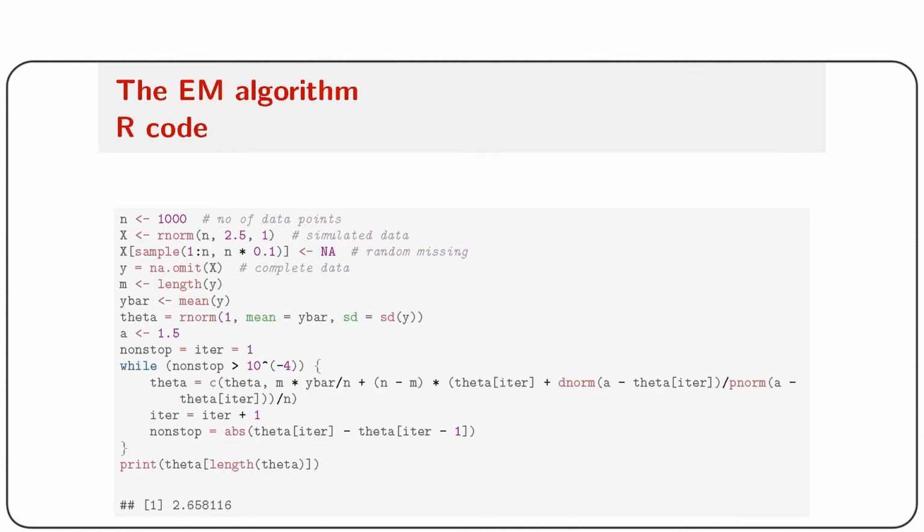So this is the expression that we are going to use to implement in our code. Say n equals 1000 and x generated from a normal distribution with mean 2.5 and standard deviation 1, and x new is a sample from 1 to n in the proportion n into 0.1.